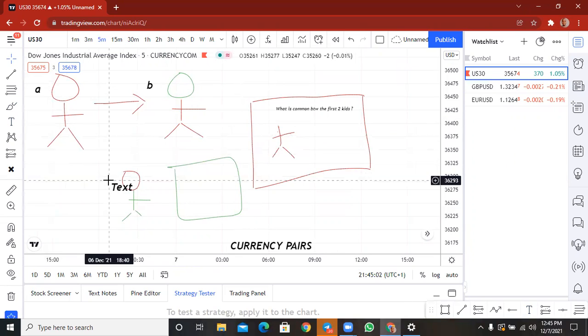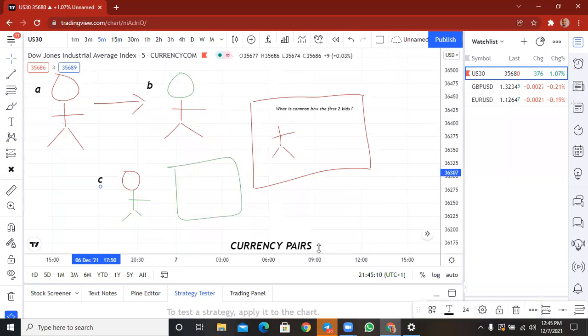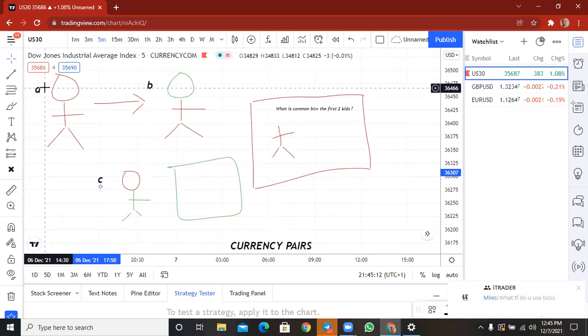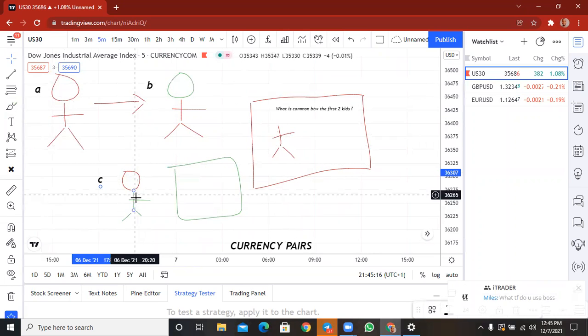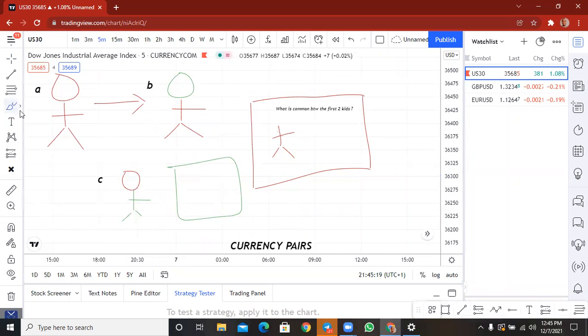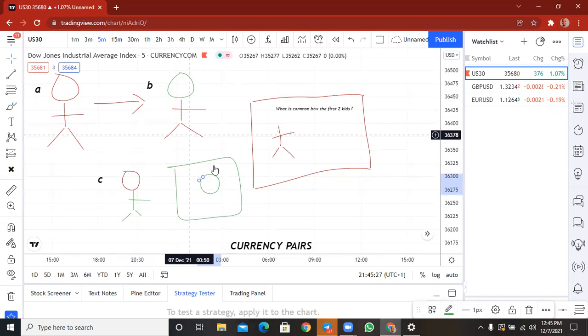I'm going to highlight it here as C. So I just said what's common between A and B? We have the body. And what's common between A and C? We have the head common, right? We have a red head common. Very important. So I'm changing the color right now so they can understand what I mean.